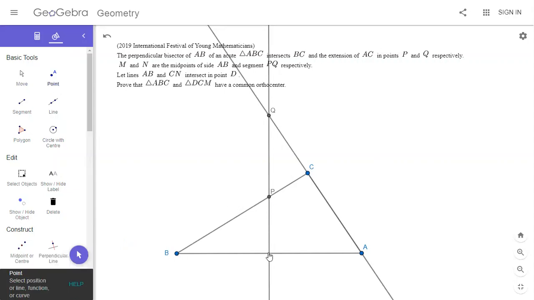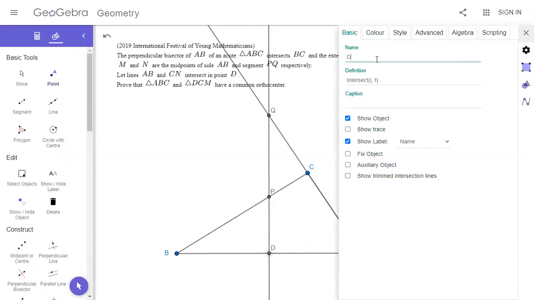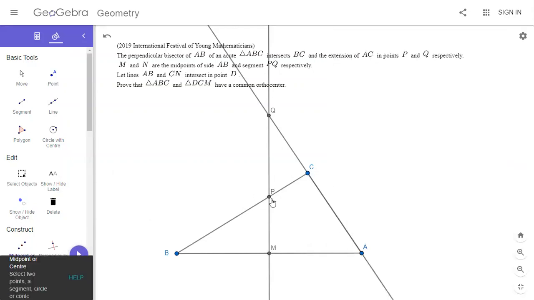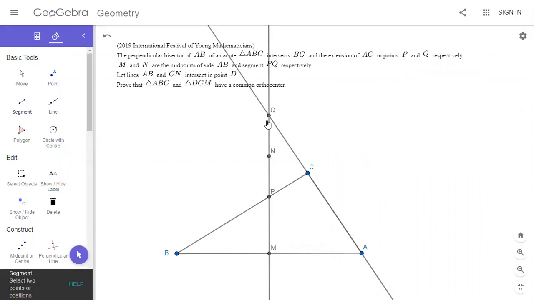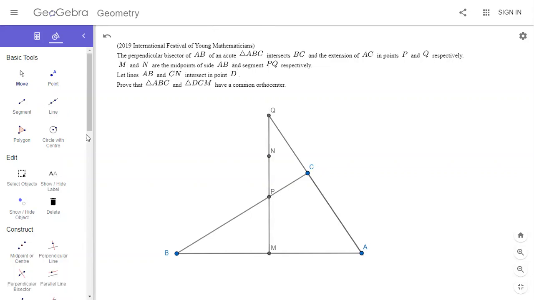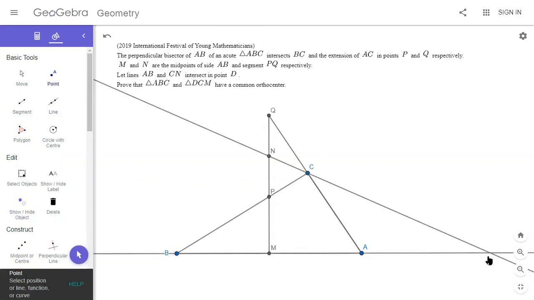Okay, so we can call this M and this N. This looks like just projective geometry. Kind of feels like it. Let AB intersect CN at D. Prove that ABC and DCM have the same orthocenter.